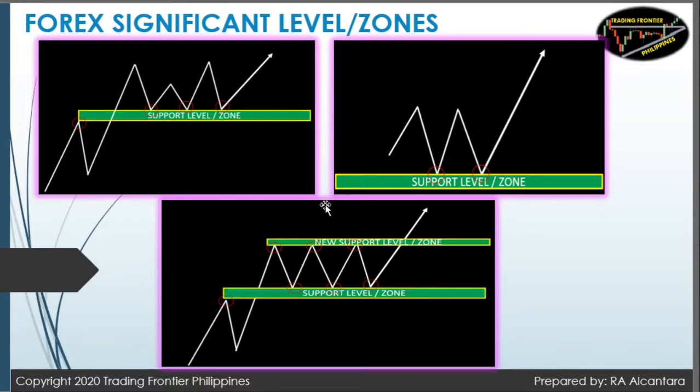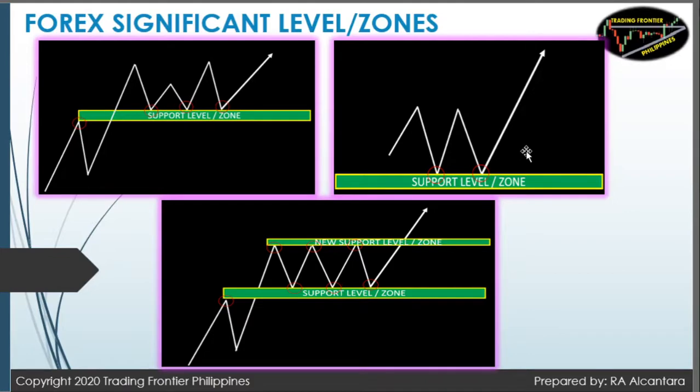All right, as I've said, at least two or more is enough for you to identify that as a key significant level of support. All right, and what else? Another piece of information is, how will I know if it is significant or not? Again, the higher the time frame is, the more significant the level or zone is.